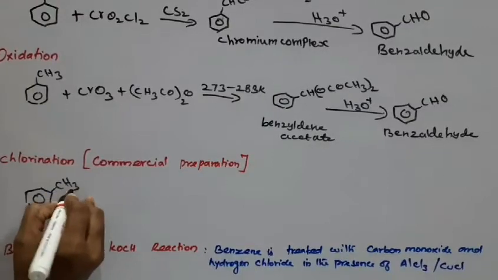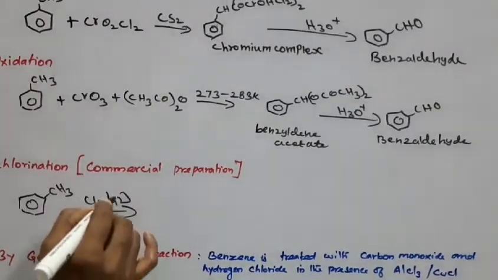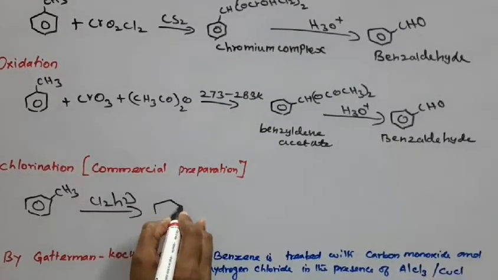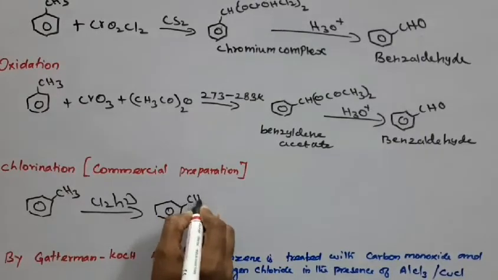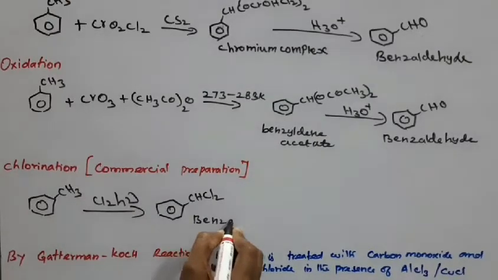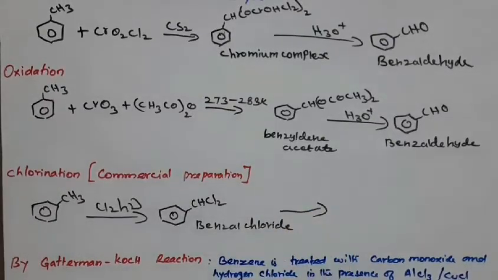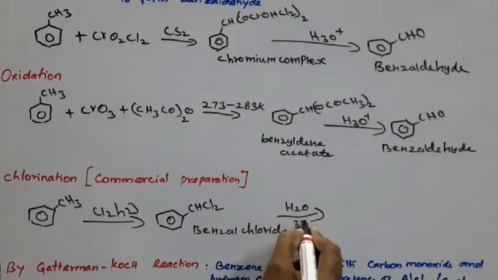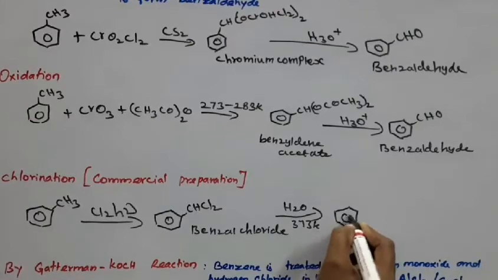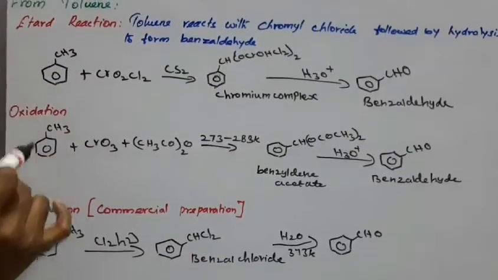The chlorination takes place in the presence of light to produce benzal chloride. This benzal chloride undergoes hydrolysis at 373 Kelvin to form benzaldehyde. Okay, so in the Etard reaction, it takes place by oxidation, and by chlorination.